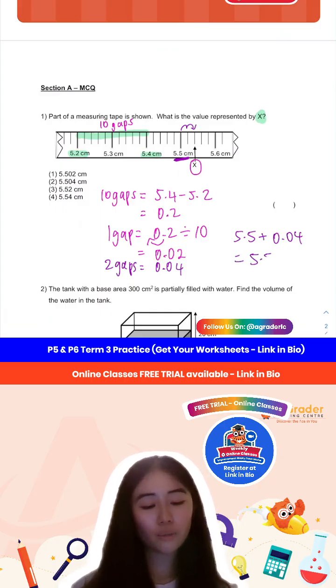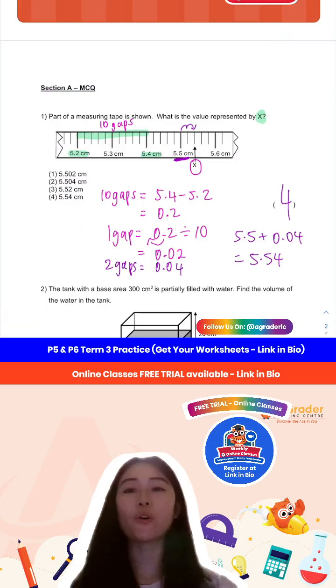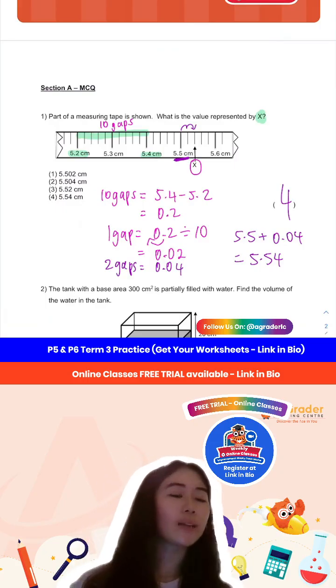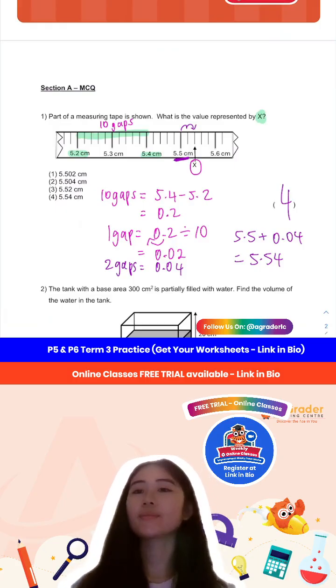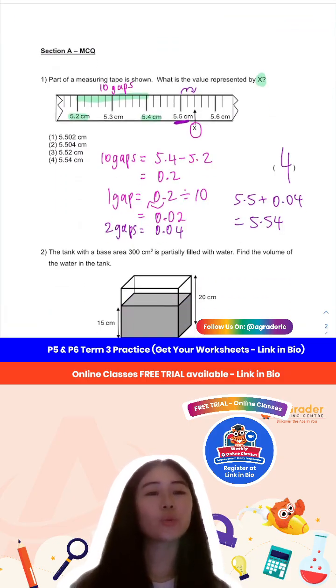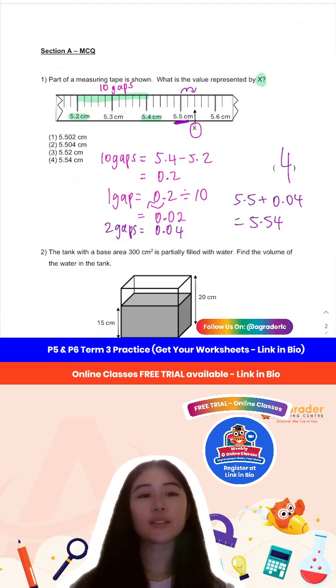That will give you the final answer, 5.54, which is option 4. So I think most of you got it correct. That is good. Any questions? If not, we move on. Everybody okay with this?